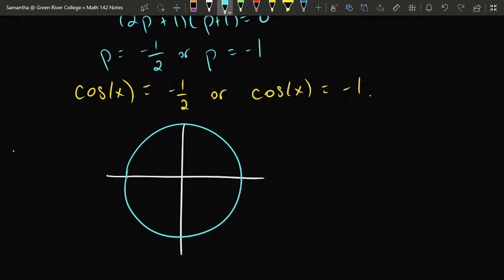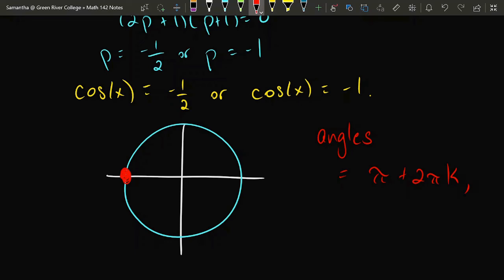We can really just read them off the circle. For example, the circle tells us that cosine equals -1 on the far left side, where the angle is equal to pi, or any other angle coterminal to that.